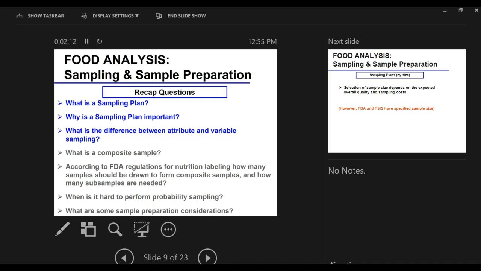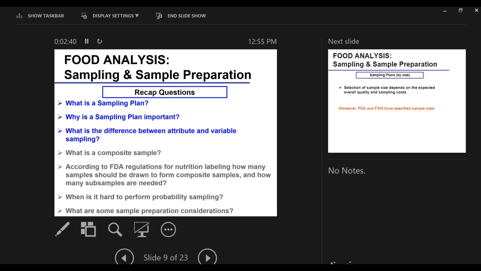What is attribute sampling? Michelle? Attribute, it's checking for presence or absence of a variable to determine if it's acceptable. Yes, checking of a specific component that is randomly distributed, not normally distributed. That means it can be in any location in the food.